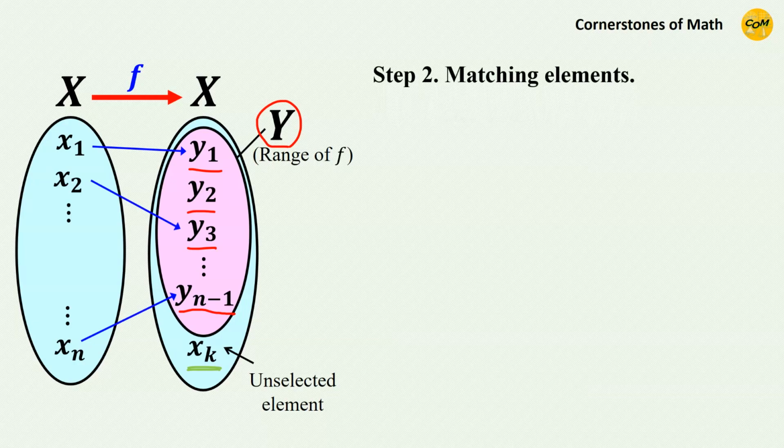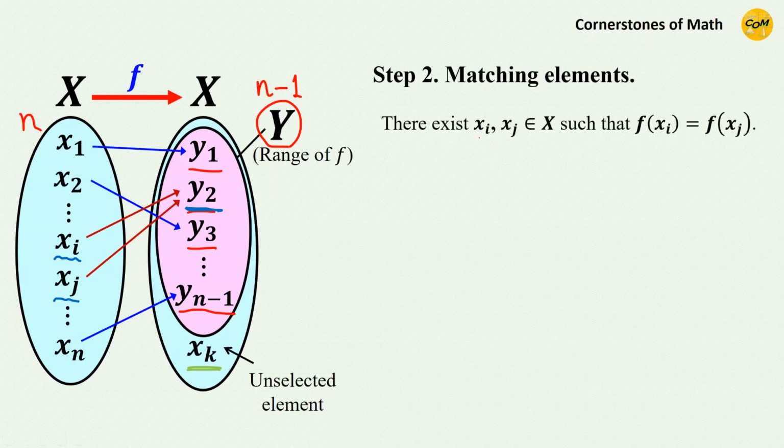Next, we must construct a relation that correlates all n elements of X with exactly n-1 elements of the range Y. And here's an important observation. Since X has n elements and Y has n-1 elements, in every possible relation, two elements from X must be matched with the same element of Y.